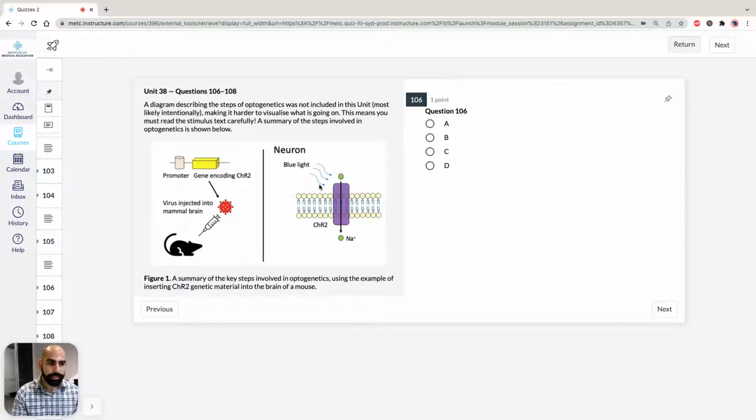Now, let's take a look at question 106. It says, how does the presence of light-sensitive channel protein in the cell membrane activate a neuron? You do have to have some prerequisite knowledge in physiology in terms of how we activate neurons. So remember, action potential, depolarization, hyperpolarization.